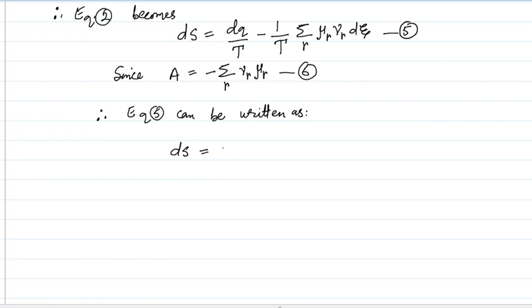So we will write dS equal to dq upon T plus A upon T d zeta. This is equation 7.